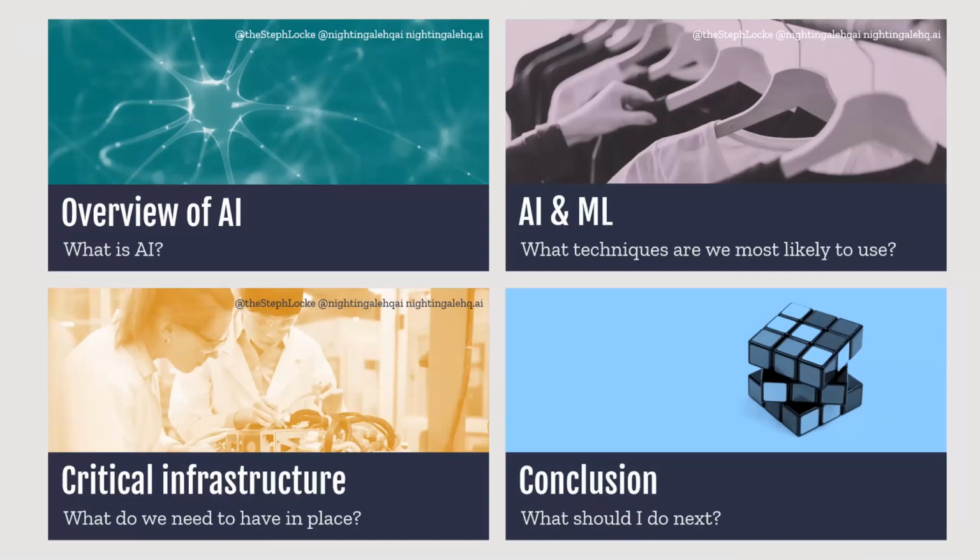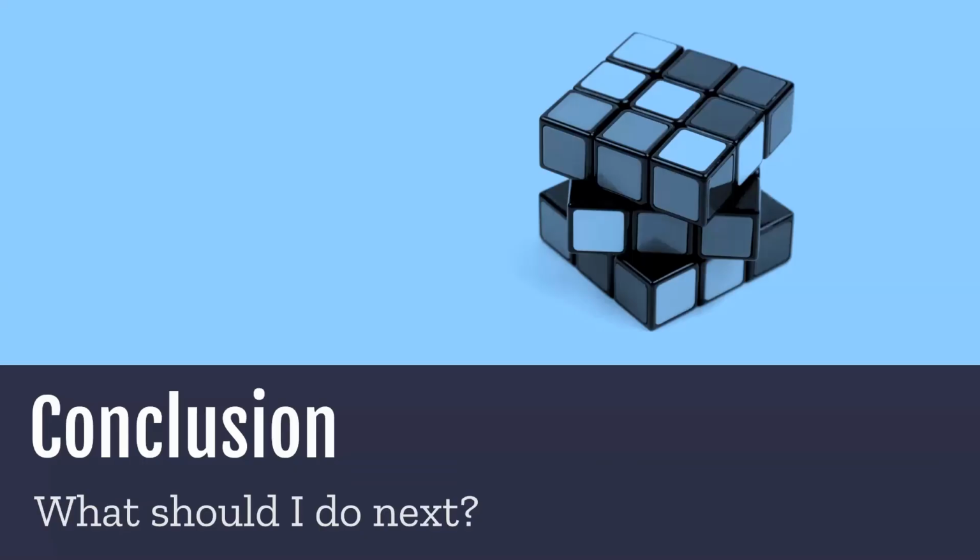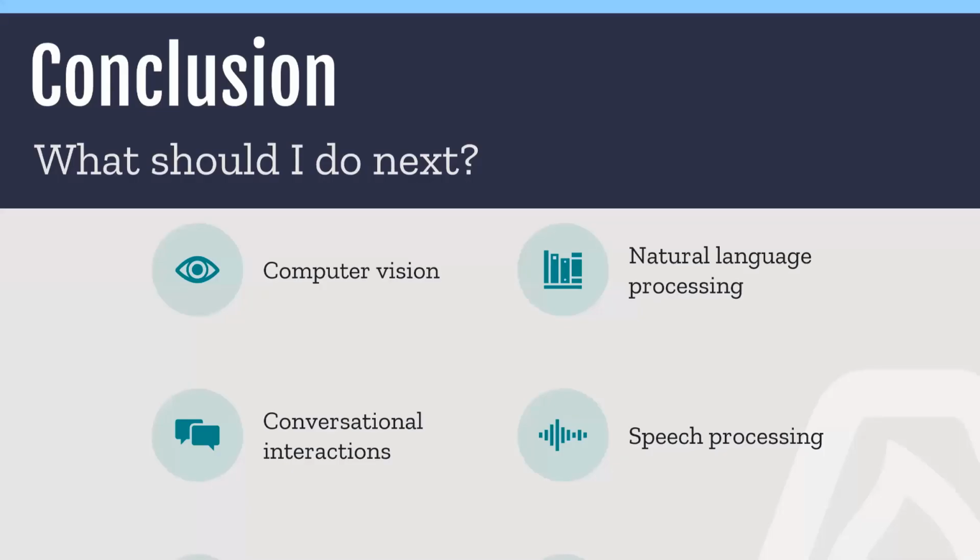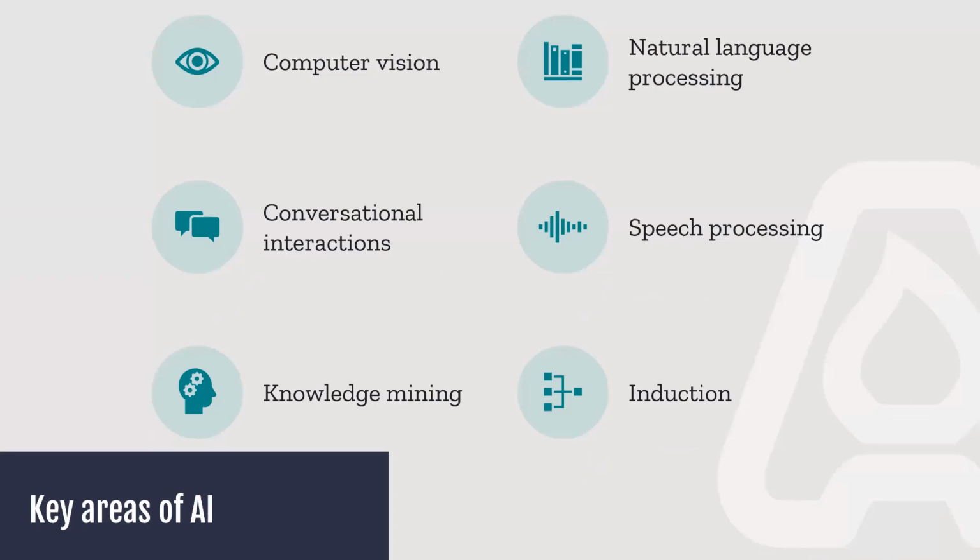So next steps, now that you've seen a bit more of the technical detail about the types of machine learning solutions that can be built and some of the different subsets, and how you start working with your data to be able to capture it and support machine learning processes. You can be thinking about these in terms of the key areas of AI.